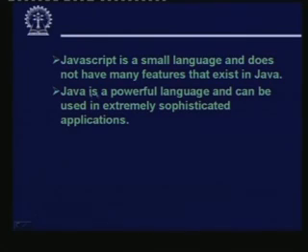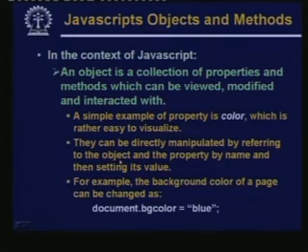In contrast, Java is a standalone language. It is quite powerful and it can be used in extremely sophisticated applications. So, in that sense, Java is a complete language. It can be considered as a substitute to existing standard languages like C or C++.